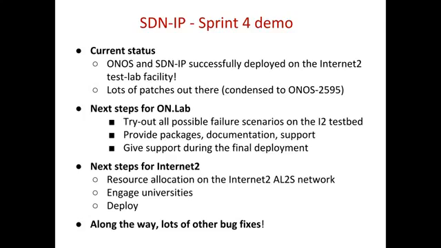What remains is to test the failure scenarios. There's no reason why they shouldn't work because at the flow level, so at the compatibility level with the switches, we don't do anything different from what we do already. But you never know. So it's working.